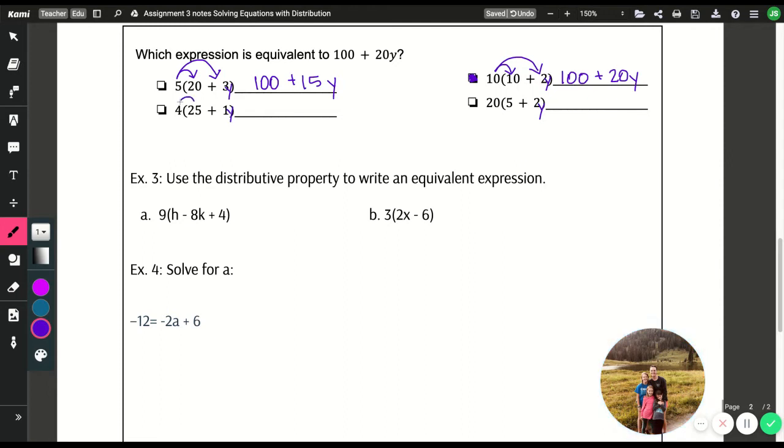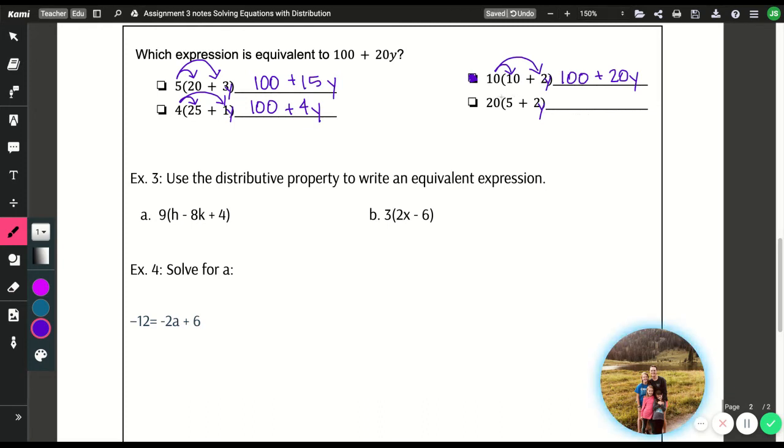This one, distribute the 4 in, multiply 4 by the first term. 4 times 25 is 100. So far, so good. And then 4 times 1, well, that's only 4y. So we got the 100, but not the 20.